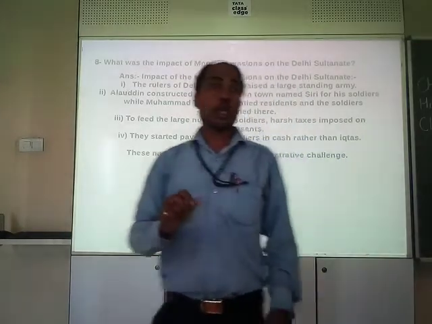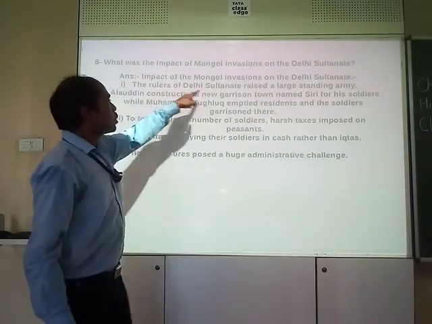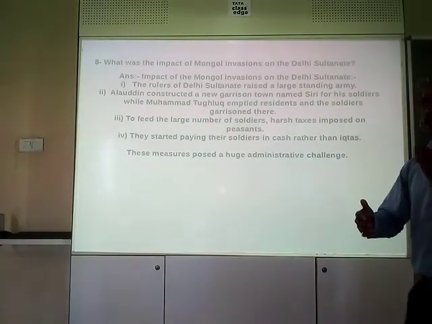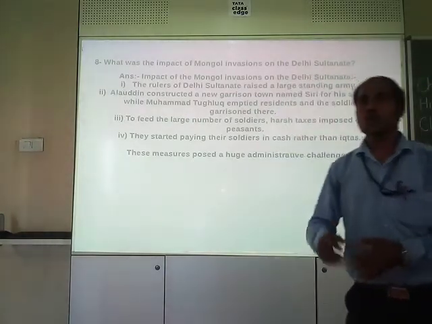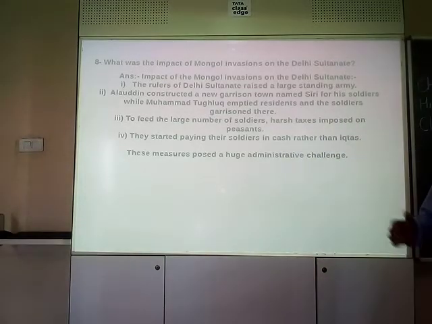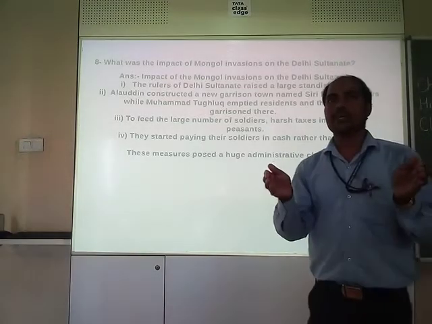Number one, the rulers of the Delhi Sultanate raised a large standing army. Before the invasion of the Mongols, when the Mongols were not attacking the Delhi Sultanate, they used to keep a small army.